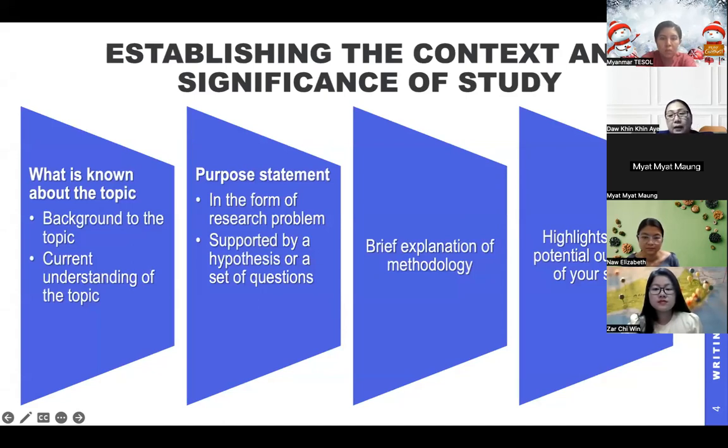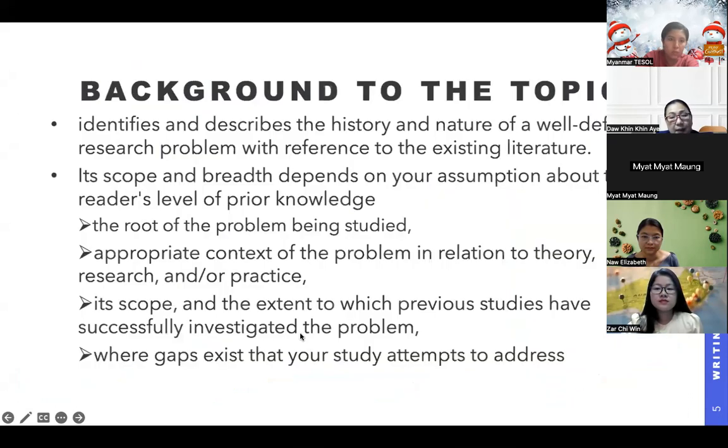Finally, you highlight the potential outcomes of this research proposal, and if it's your research thesis or paper, you include the most important findings of your research.